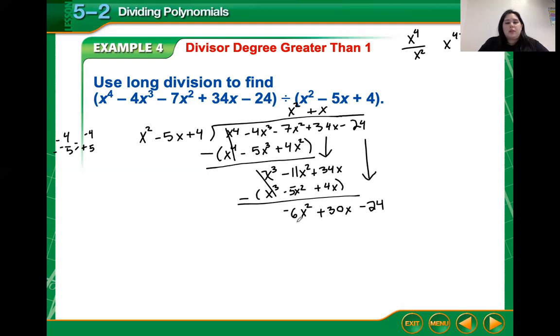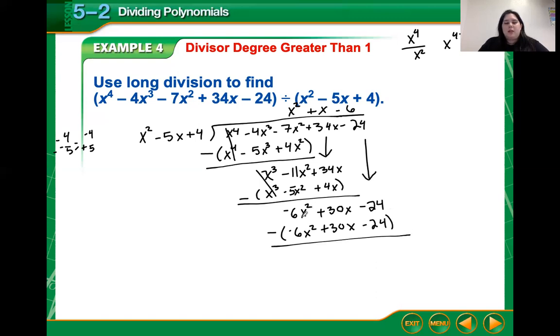I know x squared times -6 gets me -6x squared, so I'm going to do a -6 and multiply that entire divisor by -6. So I get -6x squared. -5 times -6 is positive 30, so positive 30x. 4 times -6 is -24.